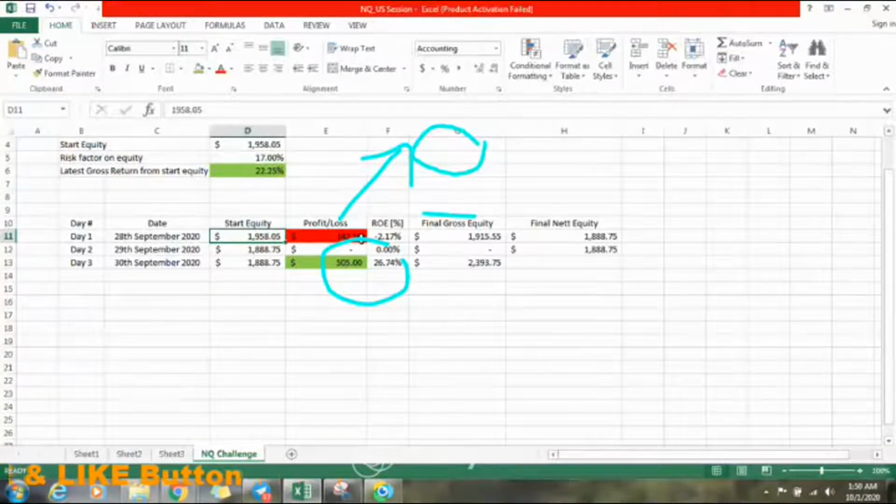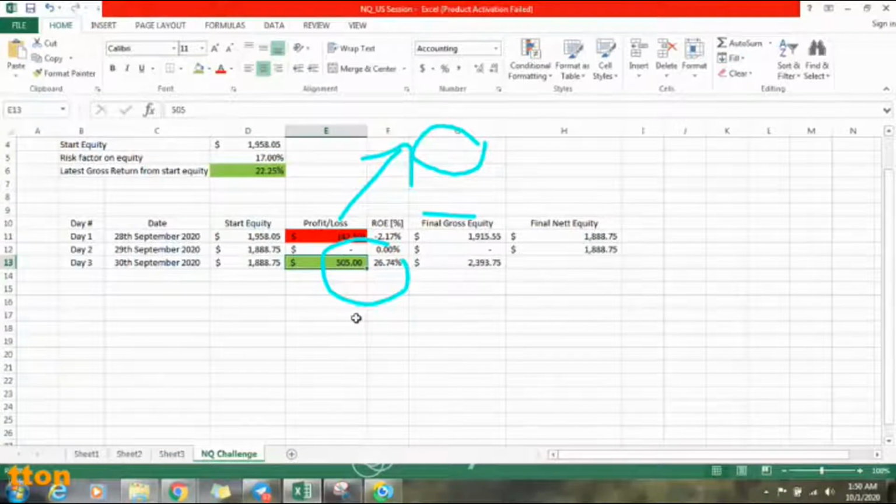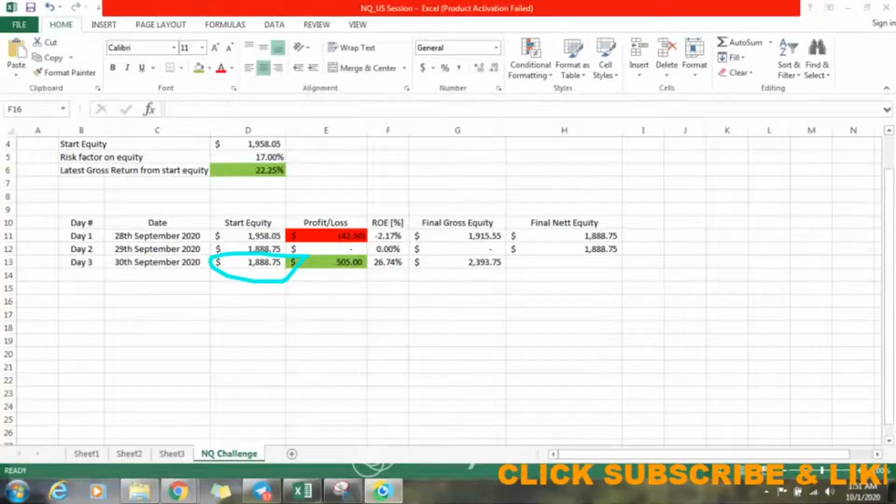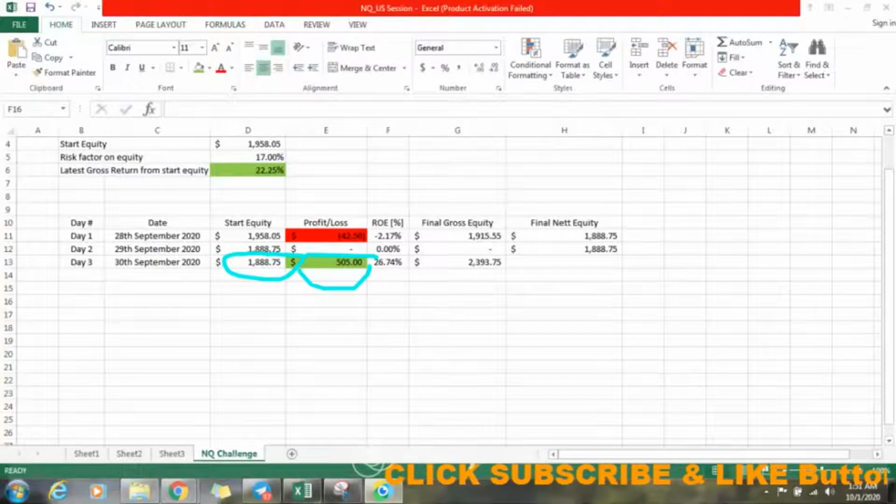I didn't download the statement; I will show it maybe in tomorrow's video, together with this 30th September trading. The return on that day was minus 2.17% to be precise. The remaining is 1,188, which is today's starting equity. Then a profit of 505 US dollars.